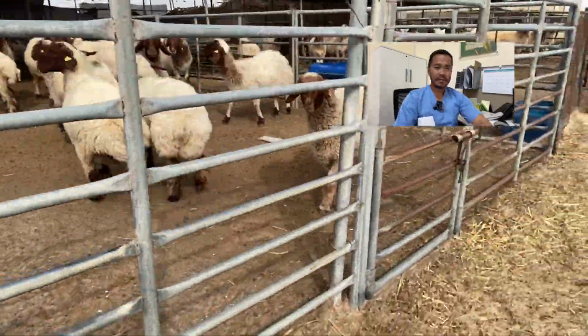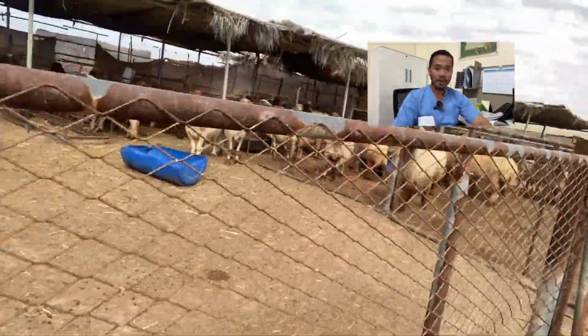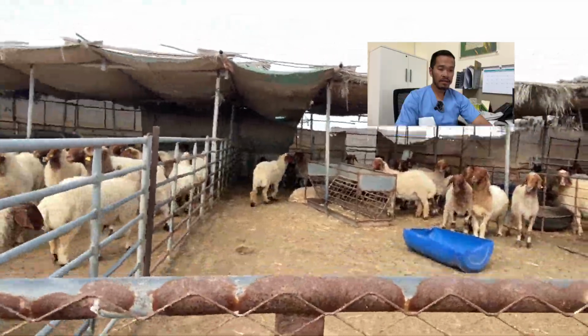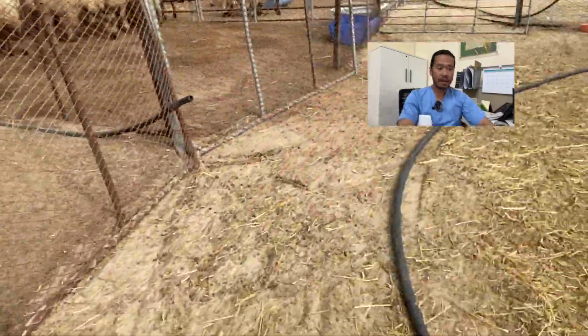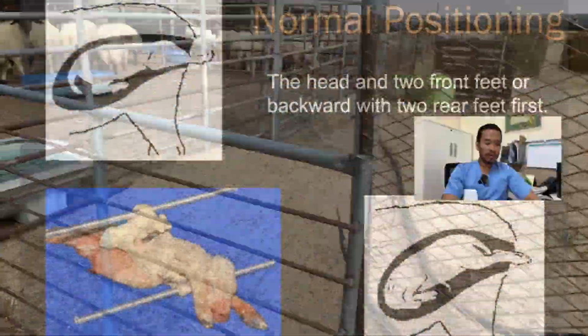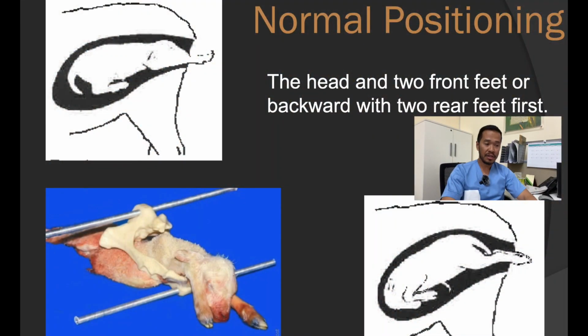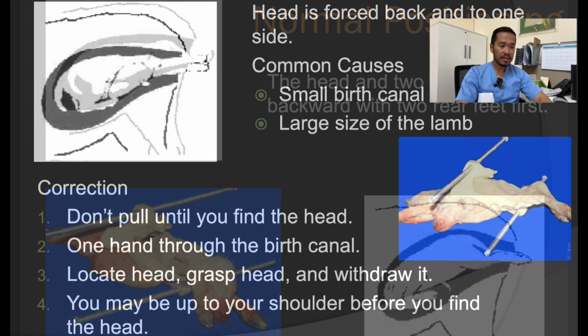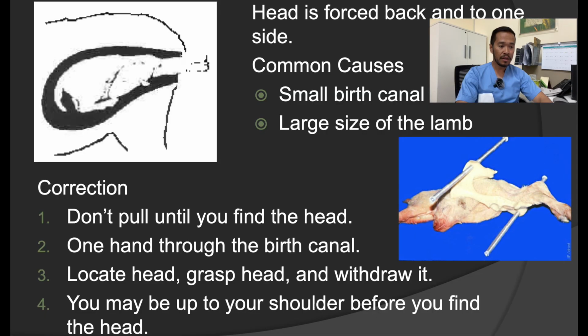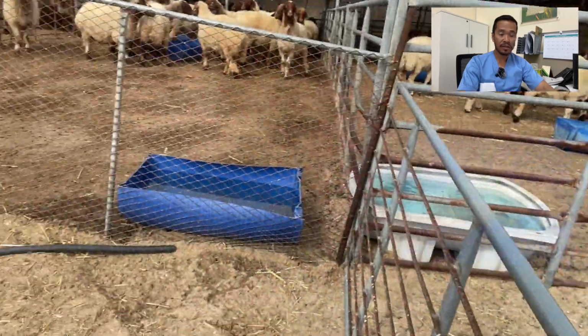As you can see, there is one illustration. Alright guys, so the first case in this video is sheep dystocia. There is an illustration here of the normal positioning of the fetus, and then this is the illustration of the fetus that I encountered in this case.